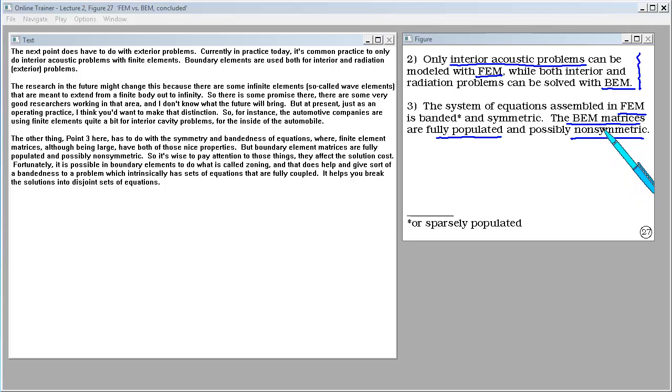They affect the solution cost. Fortunately, it is possible in boundary elements to do what's called zoning, and that does help and give sort of a bandedness to a problem which intrinsically has sets of equations that are fully coupled. It helps you break the solutions into disjoint sets of equations.